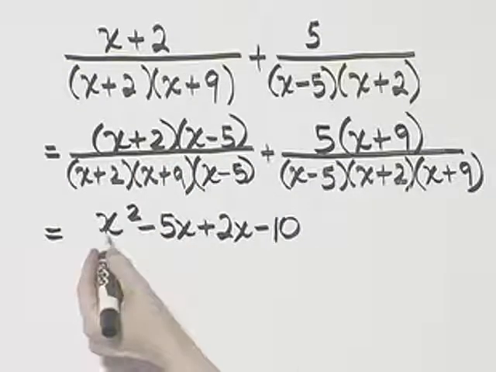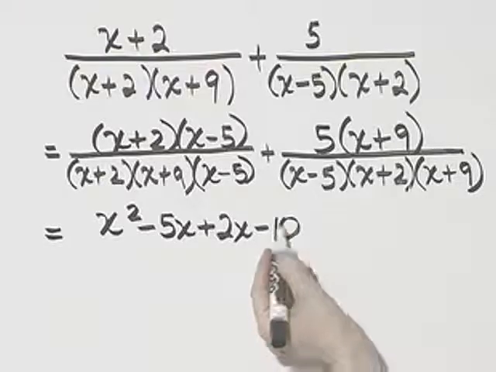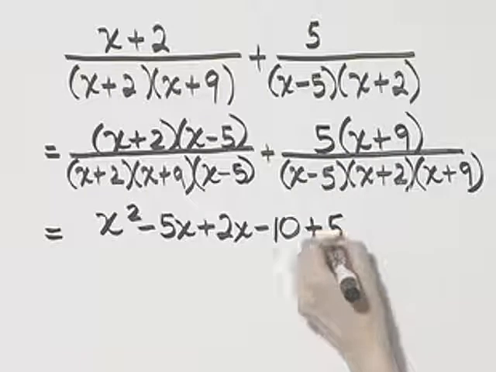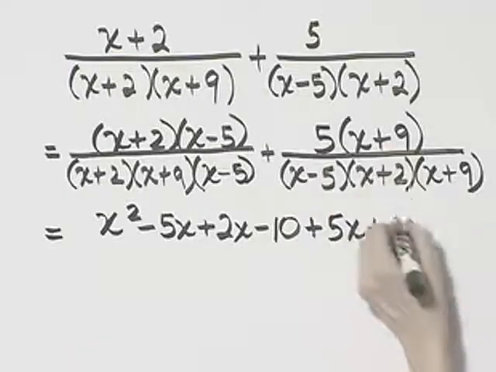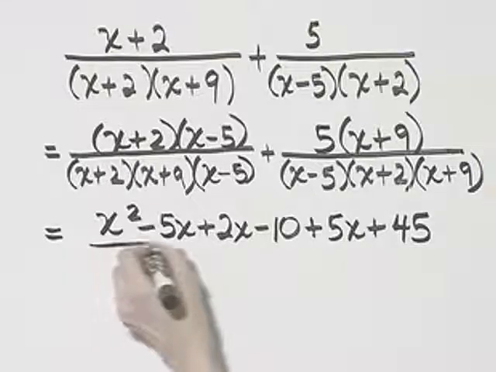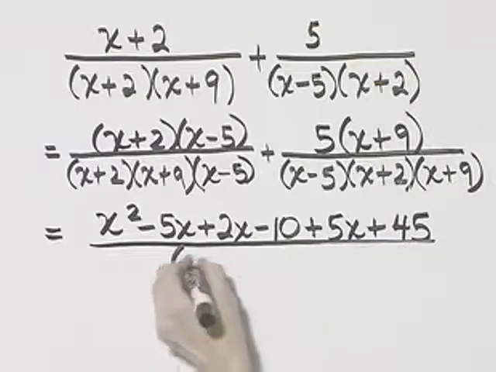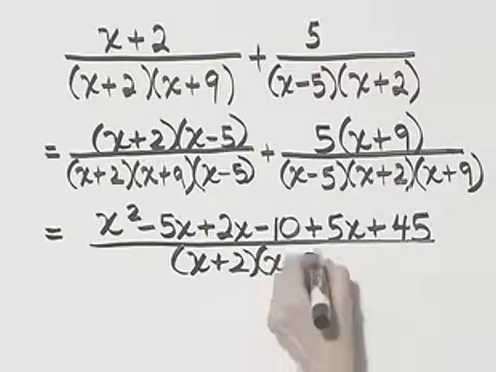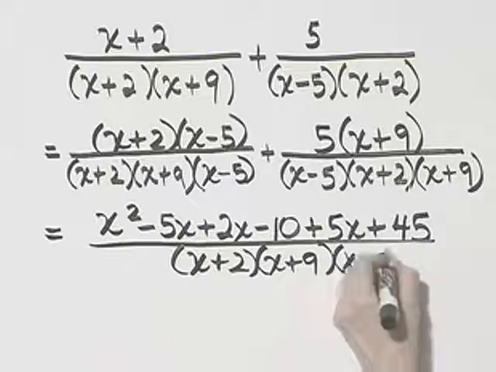And then I'll continue, so it's numerator plus numerator. 5 times x is 5x, plus 5 times 9 is 45, and that is all over a single denominator, x plus 2, x plus 9, and then x minus 5.